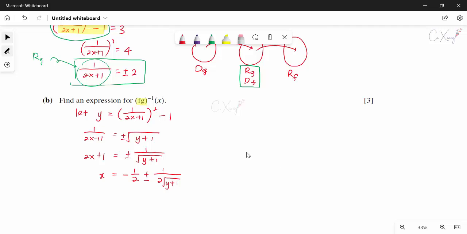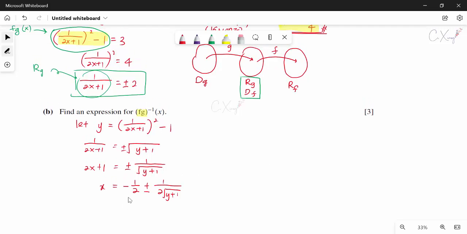All right. So now, this is our step, and we actually need to decide which one will be the correct final answer for my inverse function. So if you look at this one, we are having negative half minus something. Another one will be negative half plus something. So what is the correct final inverse function that I should accept in this part?